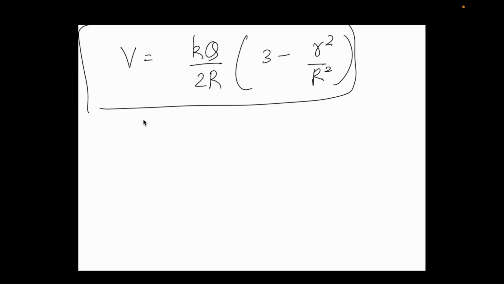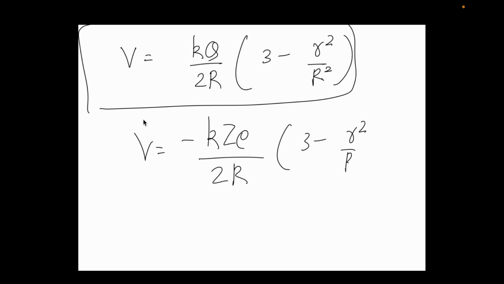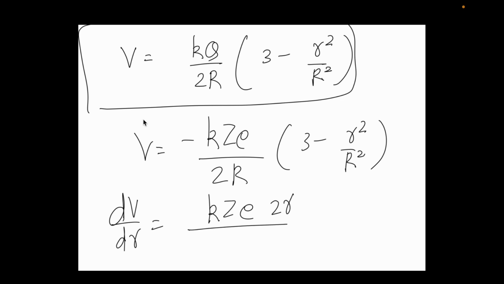Now let's say this uniform charge is minus Ze. So what would be your dV by dr? The first term is 0, because it's a constant. The second term would be kZe times 2r by 2R cube, which is kZe r by R cube.